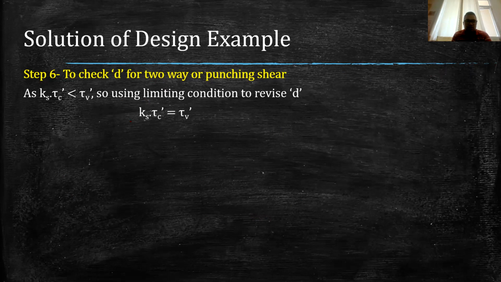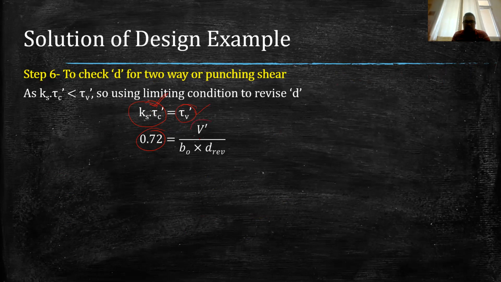So here, how can we revise it? By equating the strength of the foundation with tau V dash, or nominal punching shear stress. Equating this, we know Ks into tau C is fixed and cannot be changed, which means 0.75; I have rounded off this value to 0.72.